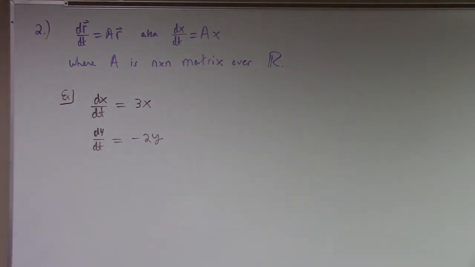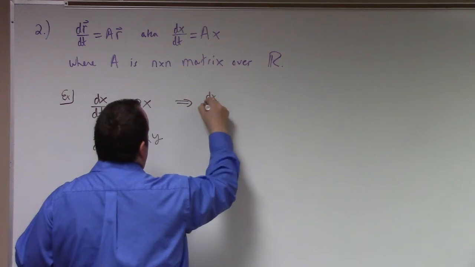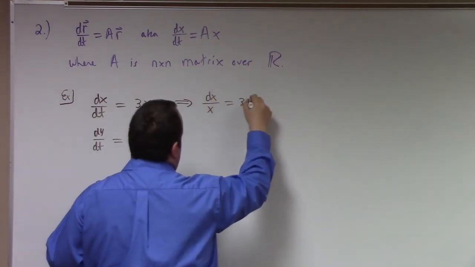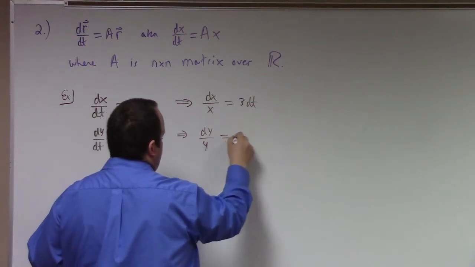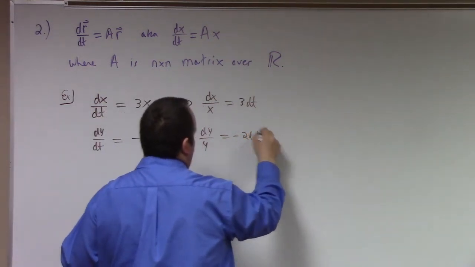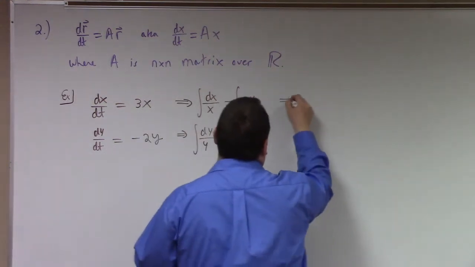Now you learn how to solve these kinds of differential equations in calculus 2, right? This implies that dx over x is equal to 3 dt. The bottom one implies that dy over y is equal to -2 dt. You integrate both sides, you do a little algebra, and what do you find?